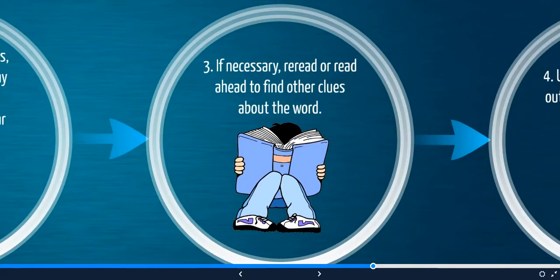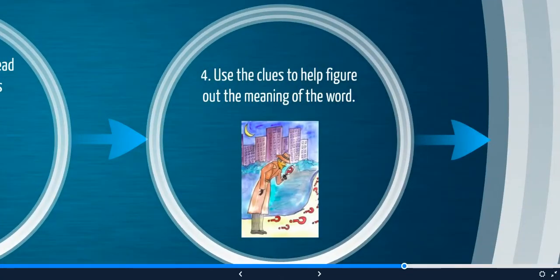Once you've identified them, you may have to go back and reread. Sometimes you have to read a little bit more to find those clues. Then you're going to actually use those clues to put it together. Here's this clue, here's that clue. How do these clues help me figure it out?